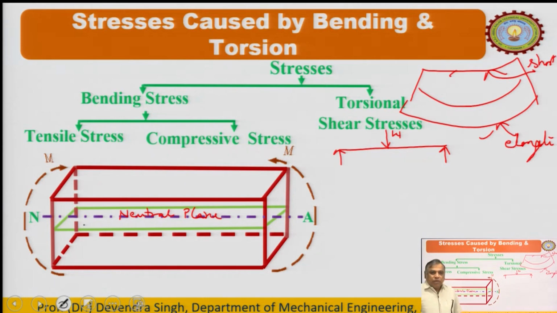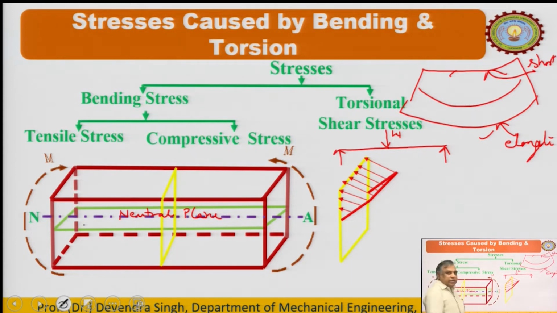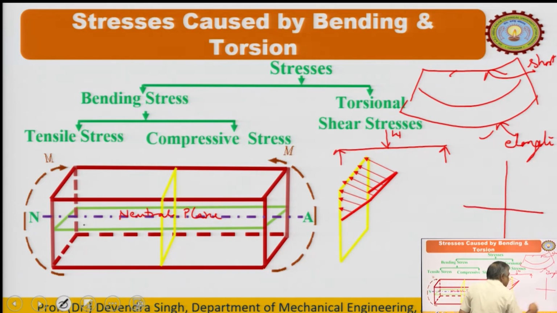So, it will depend on the wisdom to understand what the effect is and what type of stress is induced in it. As far as the stress we want to calculate at any plane, this is the cross section. On the upper side, these are in red color. So, normal stresses in this direction I consider positive, in this direction negative.